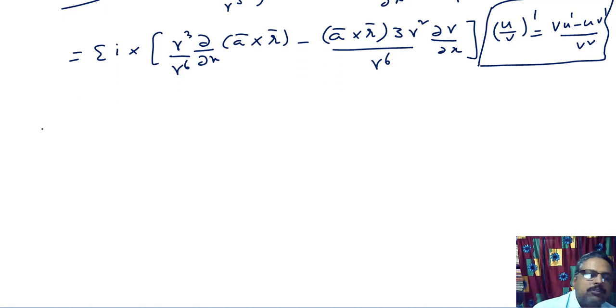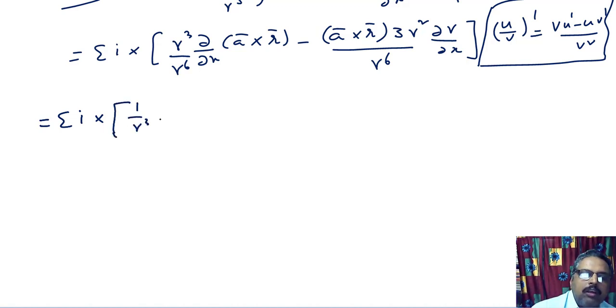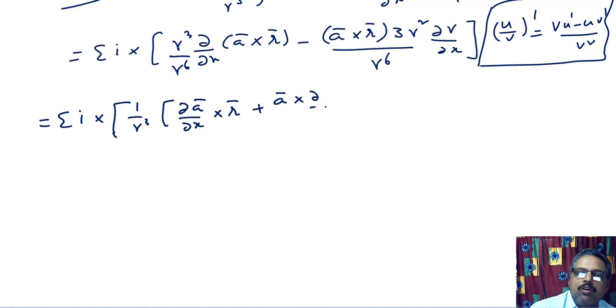Now, continuation. Sigma i cross r cube by r power 6 is 1 by r cube into, okay. Here again using the UV formula: dou a bar by dou x cross r bar plus a bar cross dou by dou x of r bar. Okay, fine.